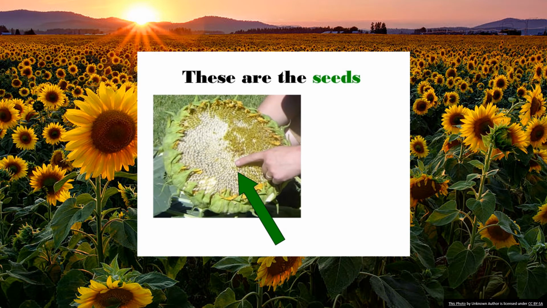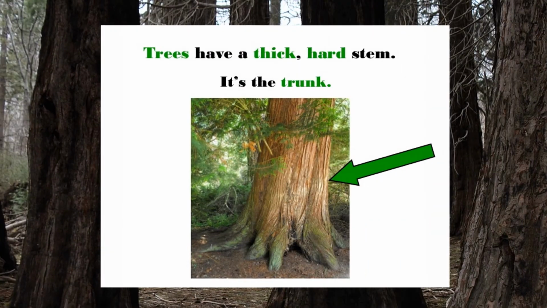These are the seeds. Seeds grow in flowers. And as you can see, the seeds on this sunflower are in the middle of the flower. Trees have a thick, hard stem. It's the trunk. So the trunk of the tree is the stem of the tree.